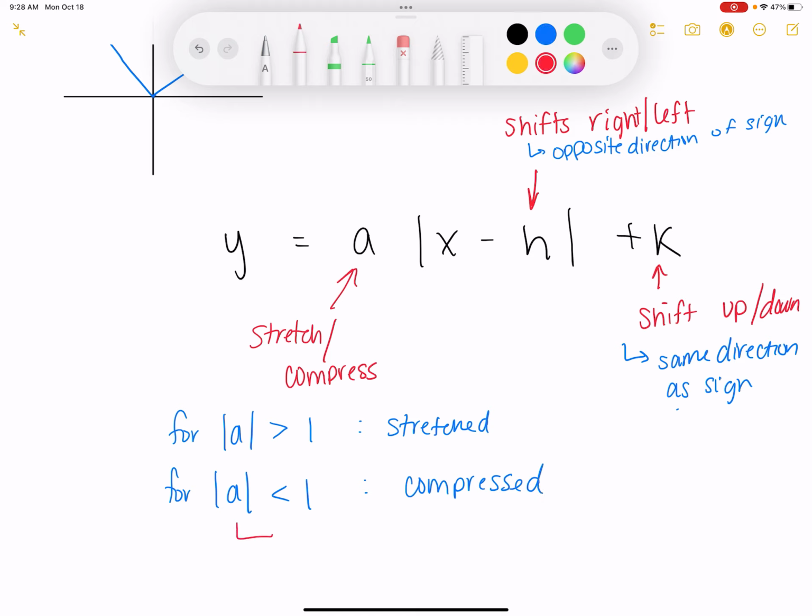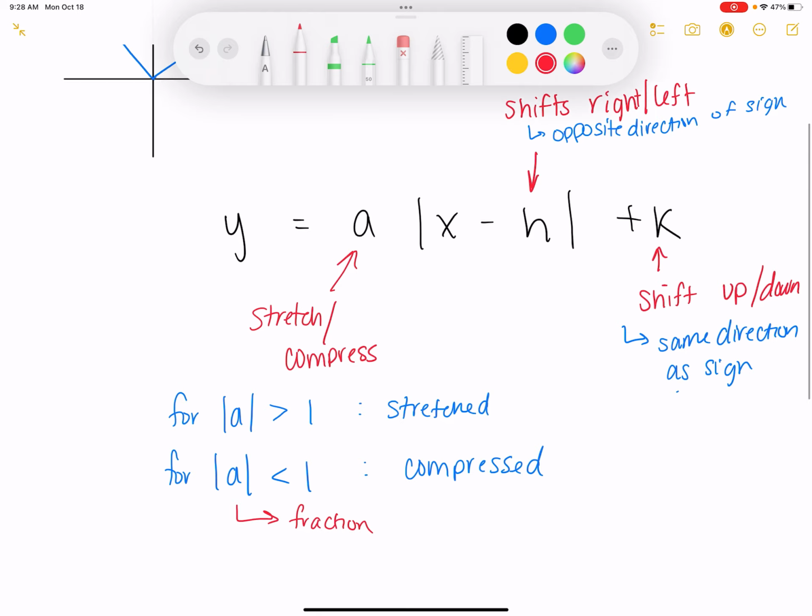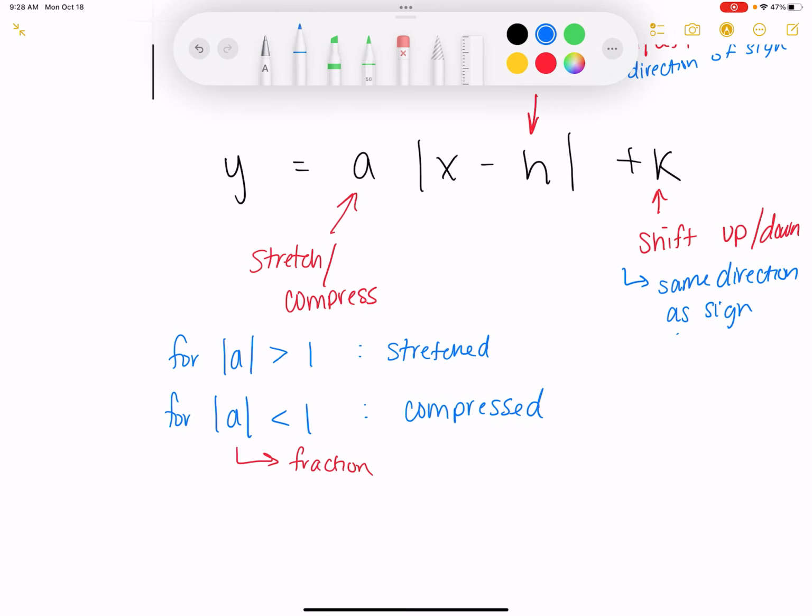When it's less than 1, an absolute value can't be negative, obviously, that's part of why it's on there, this would mean if you see a fraction out here for a, that means compressed. If there is a negative sign in front of a, then it is reflected.